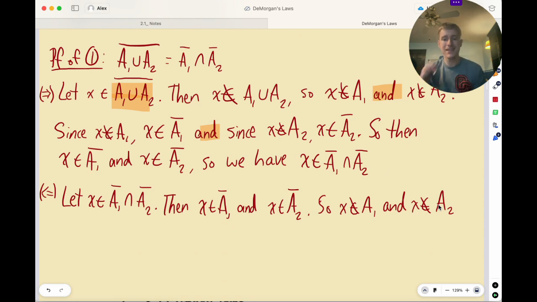But if x is not in A1 and x is not in A2, that means it's in neither A1 nor A2. That nor means that x is not in A1 or A2, which is the same thing as saying it's not in the union.